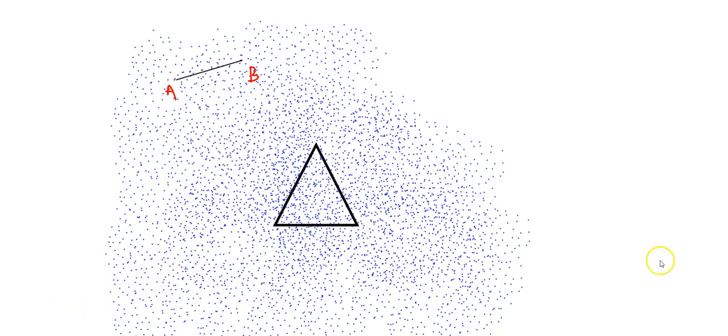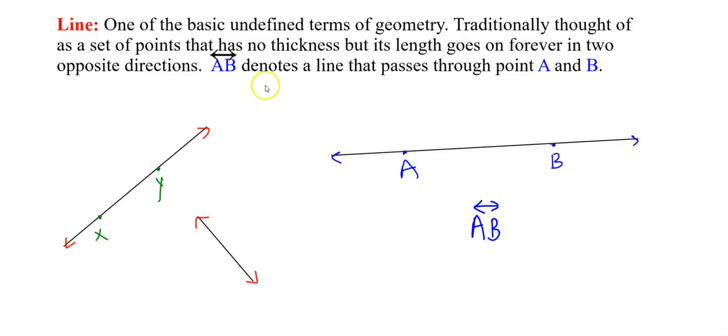Now the next word that we have here is a straight line. Okay, we have a line. It is one of the basic undefined terms of geometry, traditionally thought of as a set of points that has no thickness, but its length goes on forever in two opposite directions.